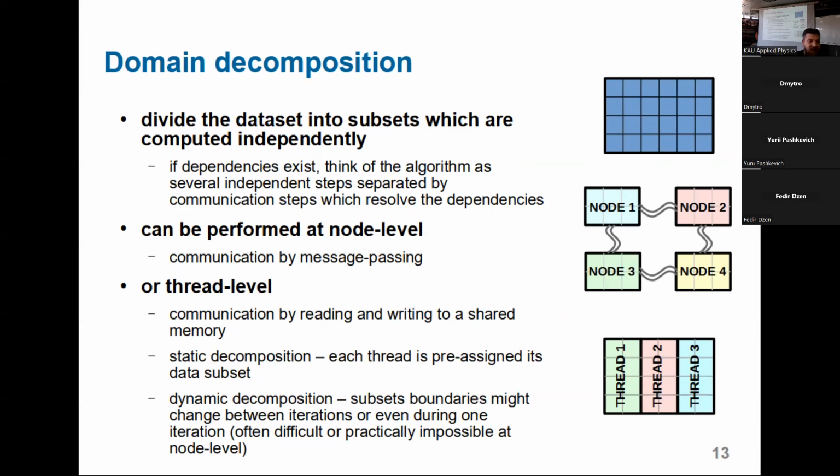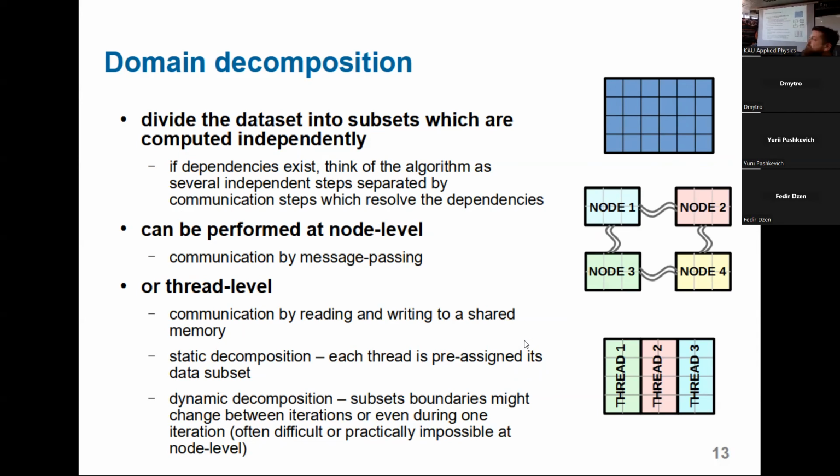And again, the general idea is basically trivial. I divide a data set into subsets which are computed independently. Sounds easy enough. Of course, there's a lot that can go wrong. There's a lot to think about when you would actually go to implement something like this.